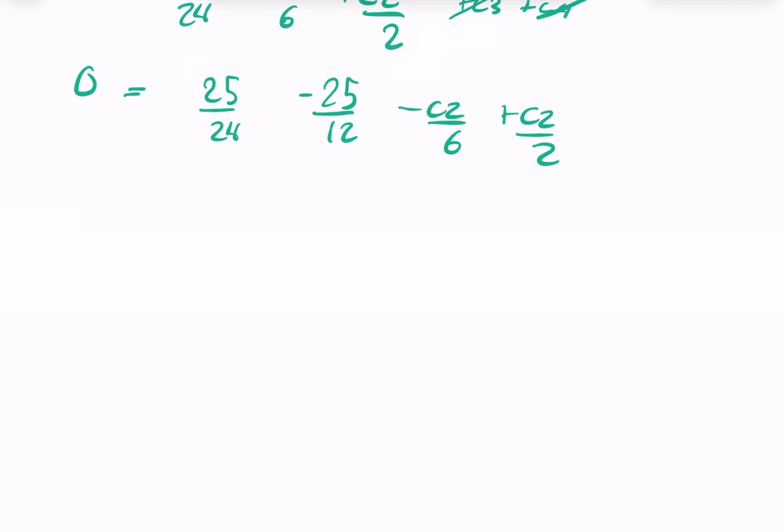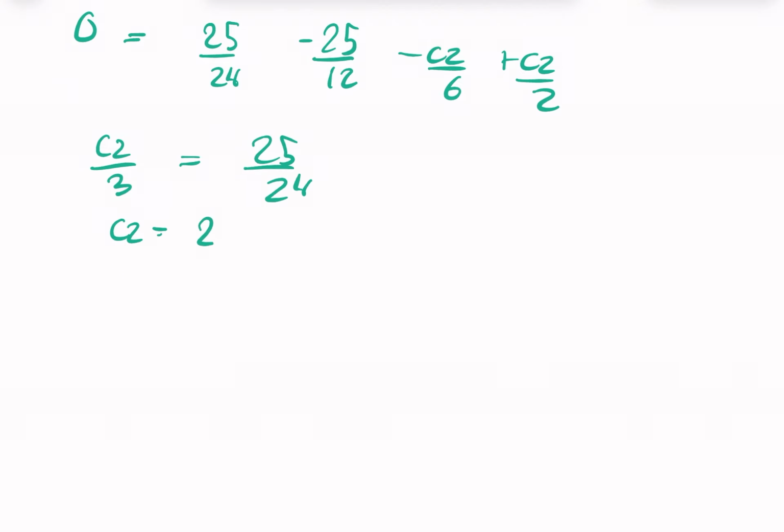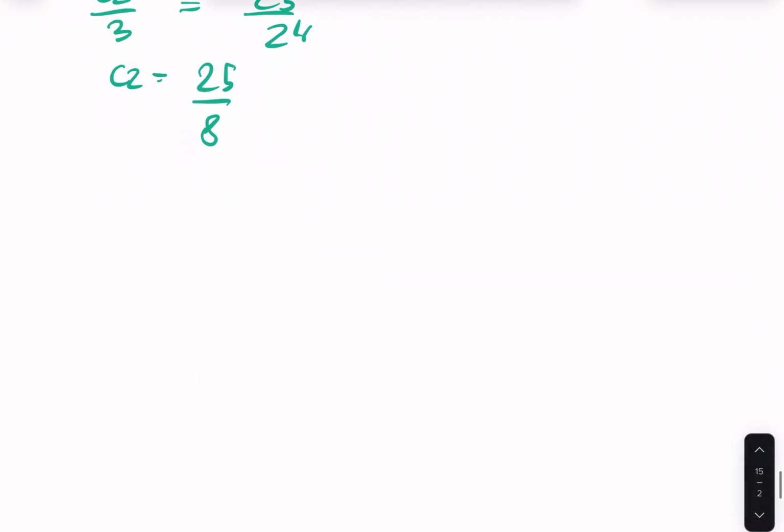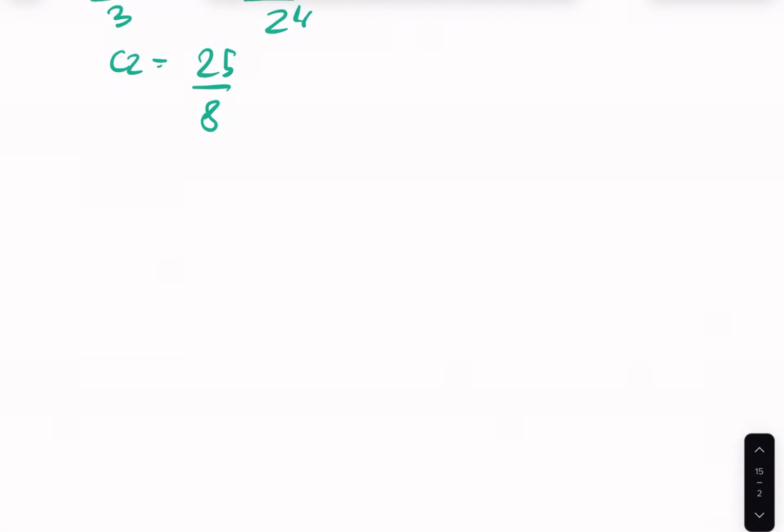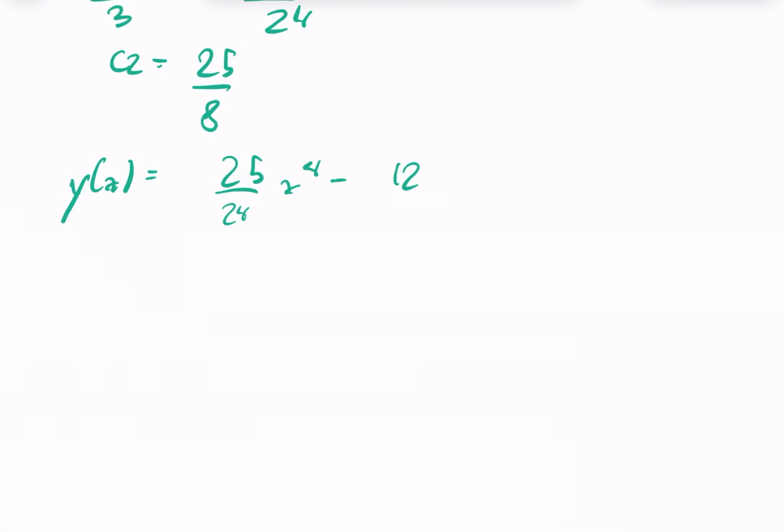And you'll get something along the lines of C2/3 equals 25/24. Now C2 equals 25/8.